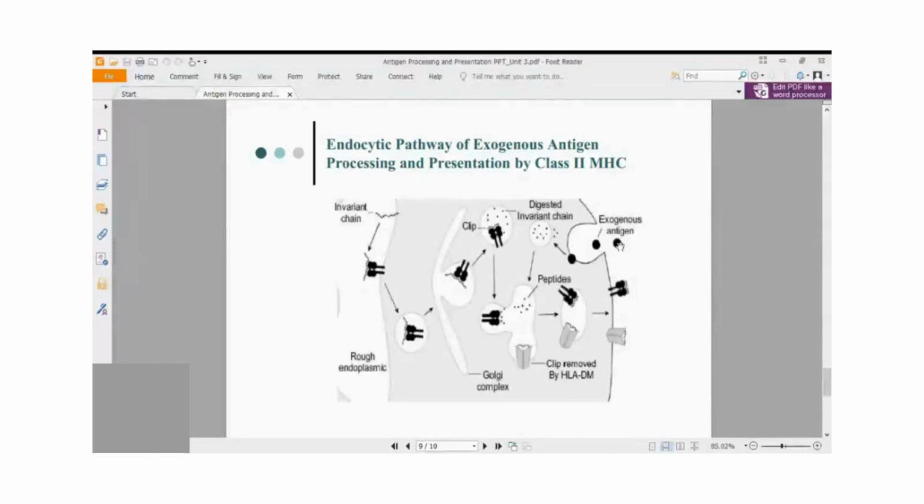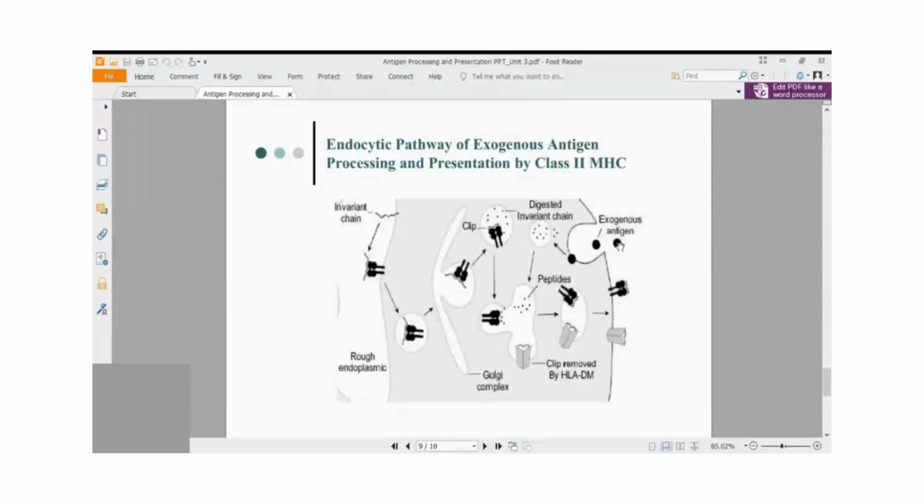So there are different mechanisms of processing. If it is a soluble antigen, it will be pinocytosed. If it is a solid antigen, it is going to be phagocytosed. There is also the possibility that molecular antigens like proteins, glycoproteins and lipoproteins may attach to receptors of the cell.